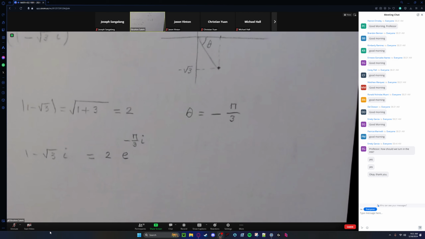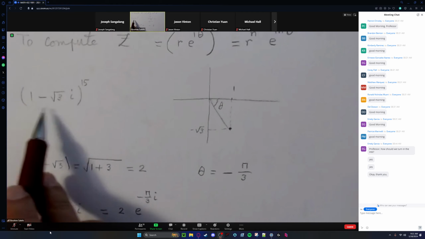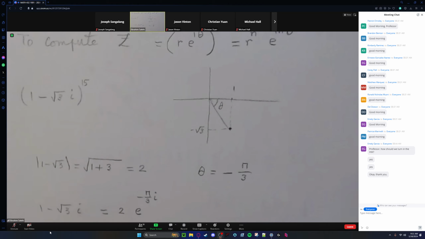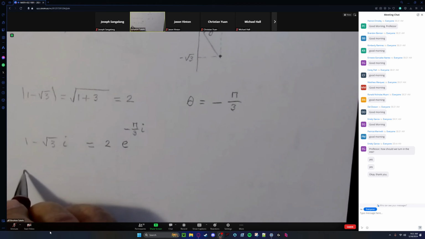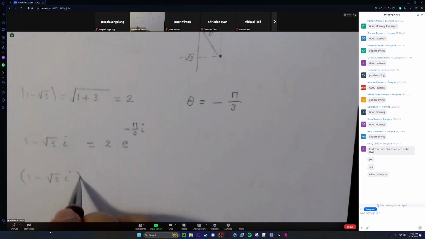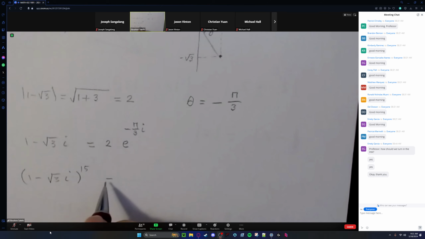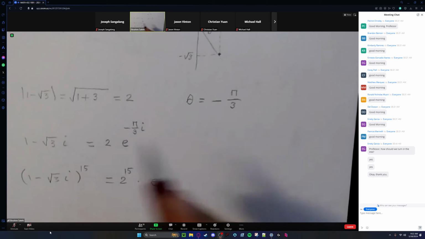Now go ahead and raise it to the 15th. This is what we want, right? This is what we want to the 15th. So 1 minus the square root of 3i to the 15 is 2 to the 15 e to the negative of this to the 15, you multiply.